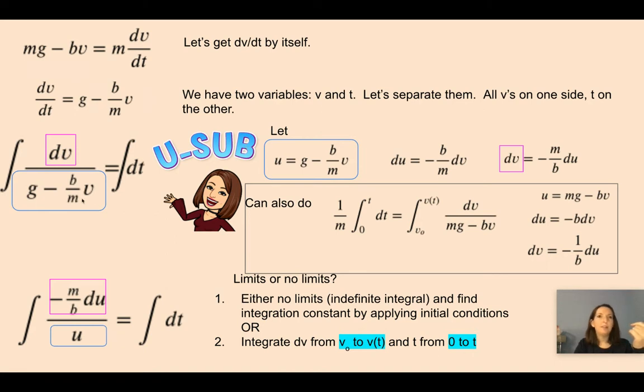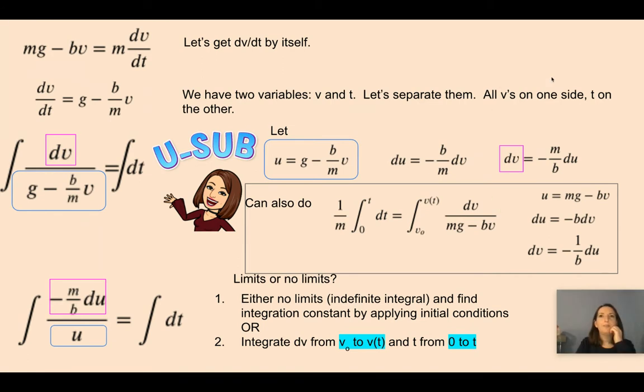That's how we got this. But from the first equation, you can also rearrange it this way, and some people like it better because the u is not as scary looking, since it's just negative b dv. However you want to rearrange it is fine, as long as you separate the variables appropriately and do the u-sub. I'm just here to show you a couple other ways you might see it.